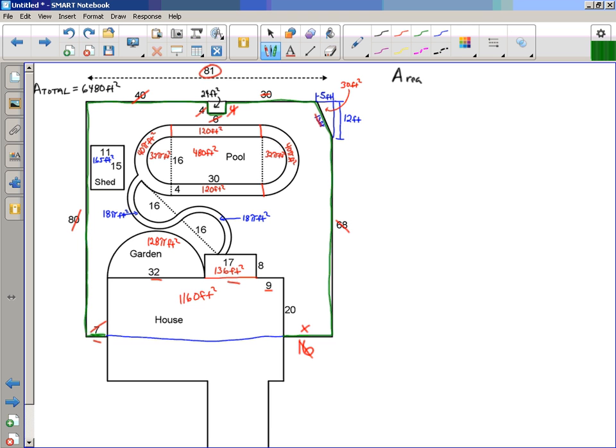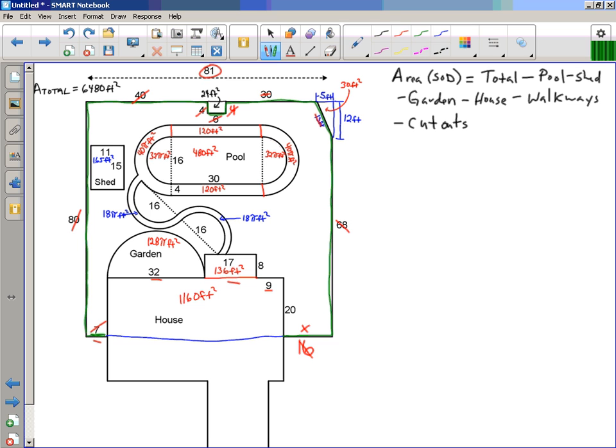So the area we're going to sod will be equal to the total area minus the pool, minus the shed, minus the garden, minus part of the house, the part we found, minus the walkways, minus the little cutouts. I think that takes care of everything.